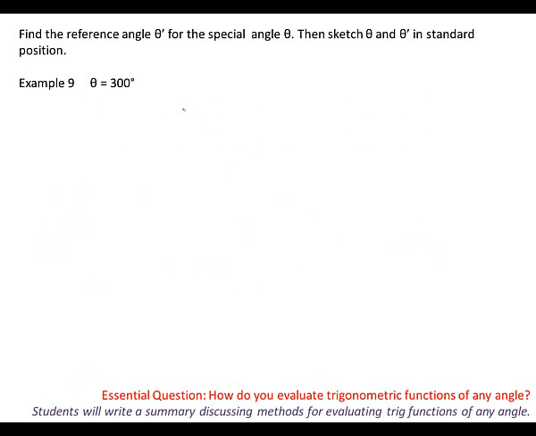All right. So 300 is going to land you in which quadrant? 4, right? It's going to land you somewhere here. And for me, it helps me to draw the picture to visualize what's left to get. Okay? So I need to get that little chunk in there. All right? How am I going to find that reference angle? Subtract from 360, right?